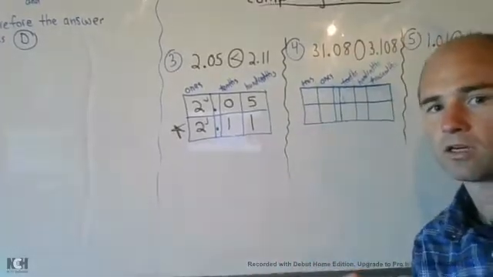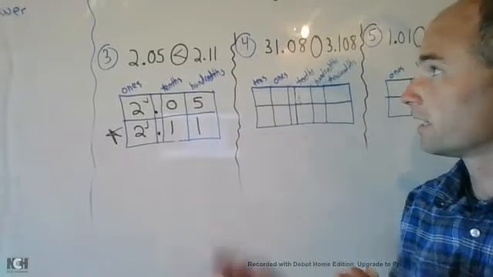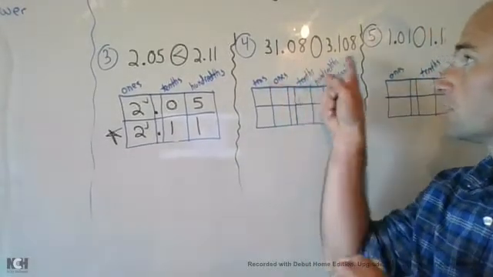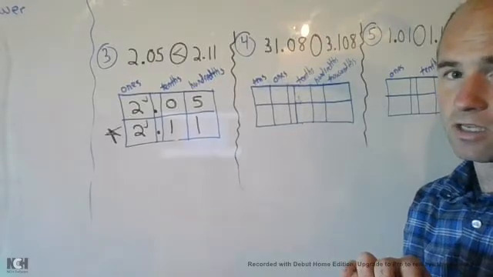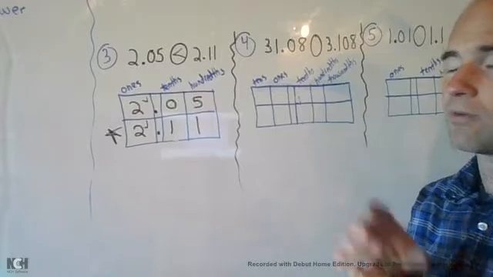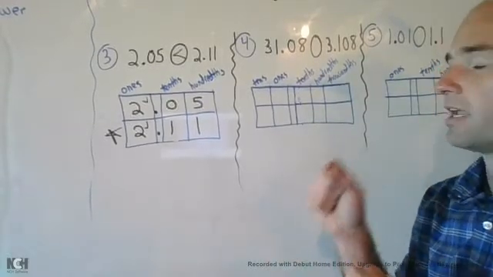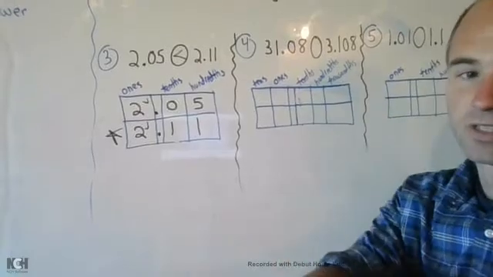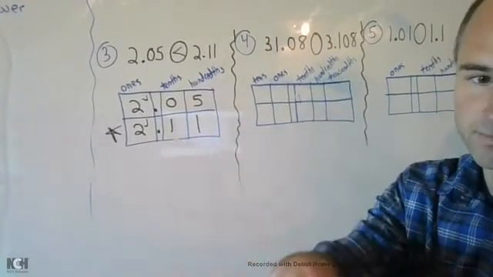All right, number 4. Go ahead and compare these two numbers. 31 and 8/100 compared to 3 and 8 thousandths. Go ahead and do that now. Hit that pause button.